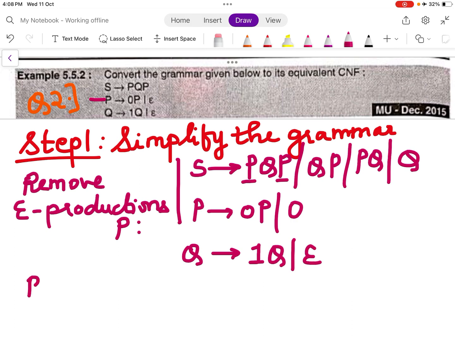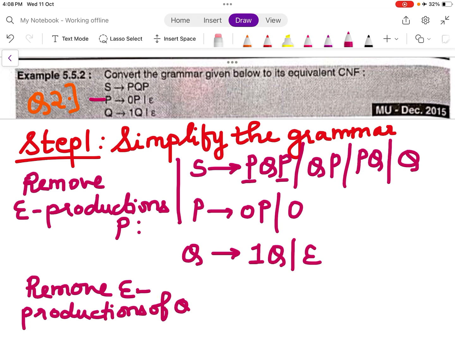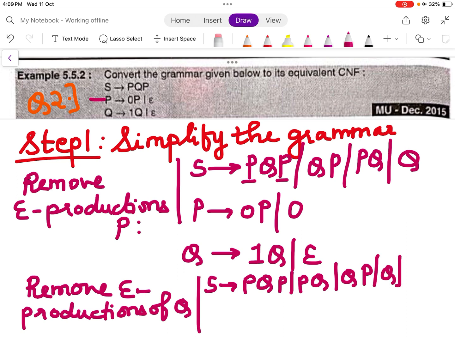Now you will remove epsilon productions of Q. To remove epsilon productions of Q, S gives PQP slash PQ slash QP slash Q. Now Q will be null.